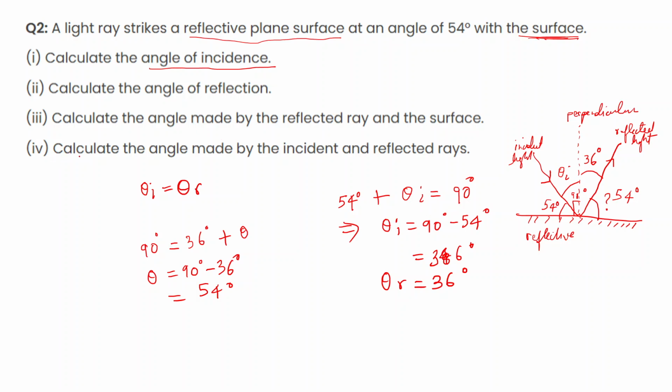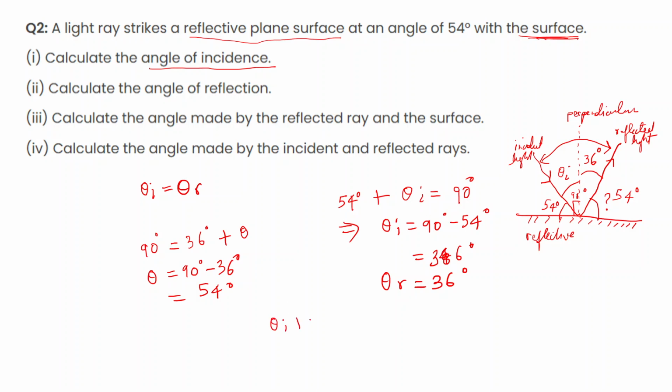Fourth part of the question is calculate the angle made by incident and reflected rays. So now we need to find out the angle between the incident ray and the reflected ray. So the angle between incident ray and reflected ray is this total, and this total is made up of this theta i and theta r, right?